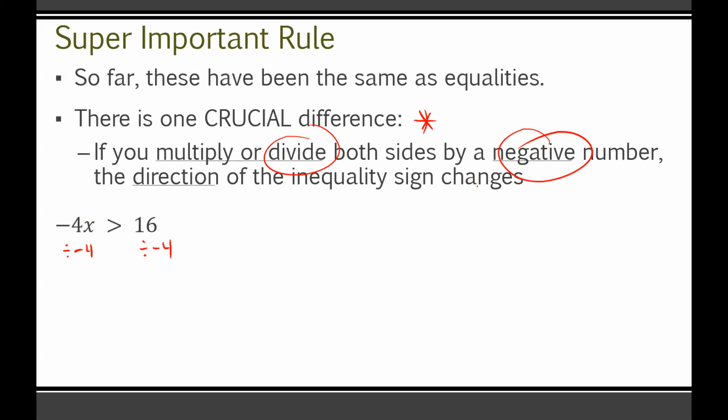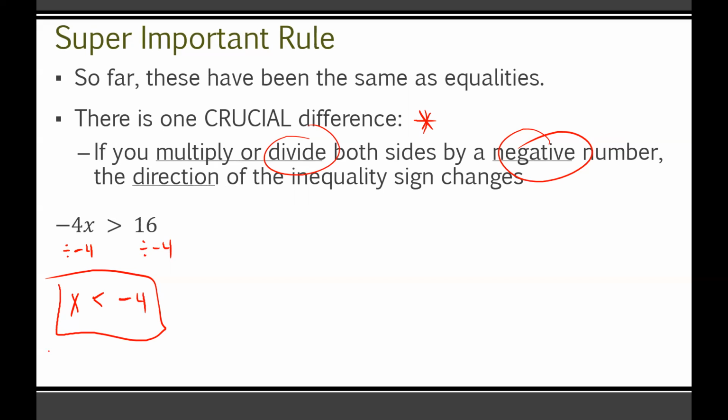So as per this really crucial rule, we have to flip the sign around. So negative 4x divided by negative 4 is going to become positive x. But since we divided by a negative number, this greater than sign is going to switch around to a less than sign. And then we have 16 divided by negative 4, which is going to be negative 4, coincidentally enough. So x is less than negative 4. That is going to be our answer.